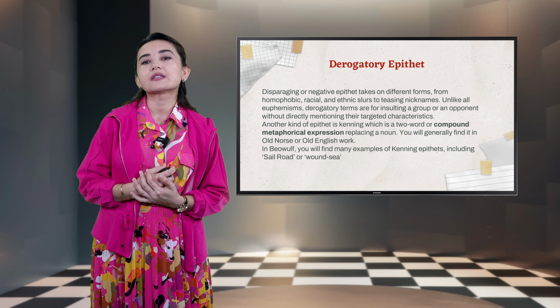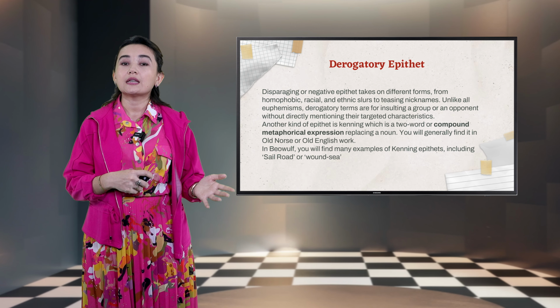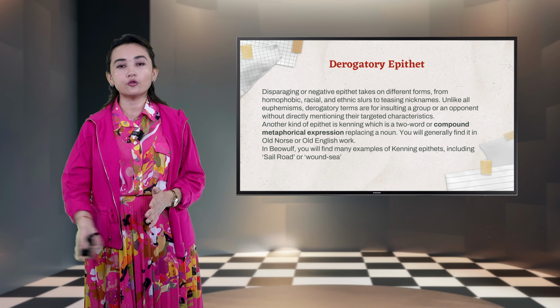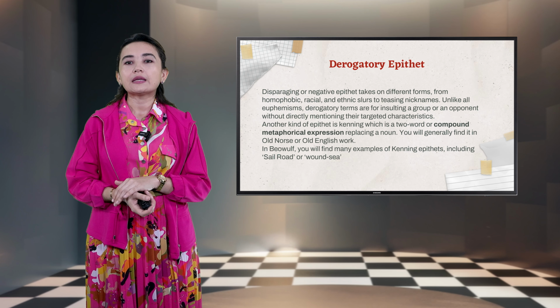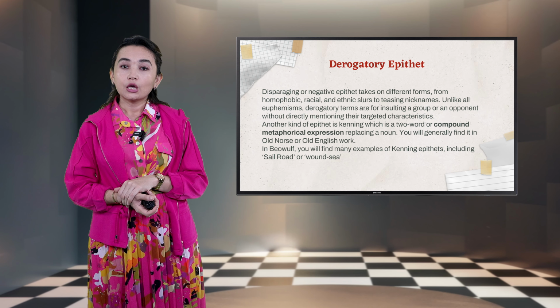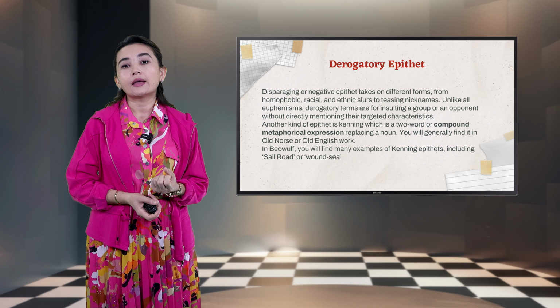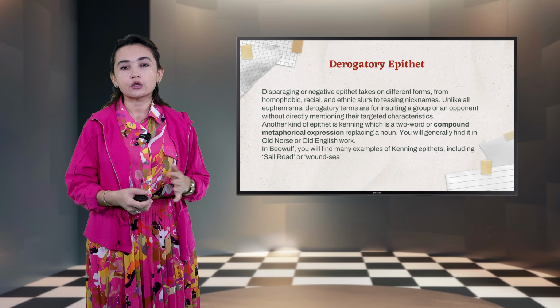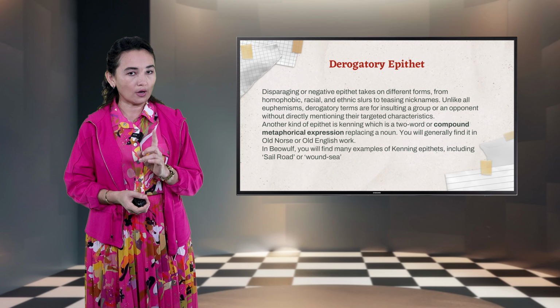Another kind of epithet is kenning, which is a two-word or compound metaphorical expression replacing a noun. You will generally find it in Old Norse or Old English work as well.